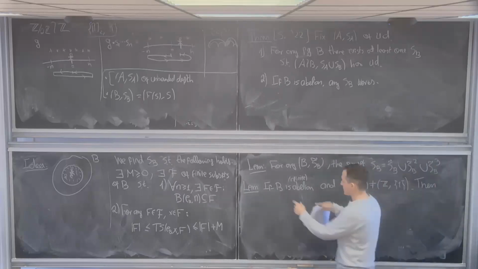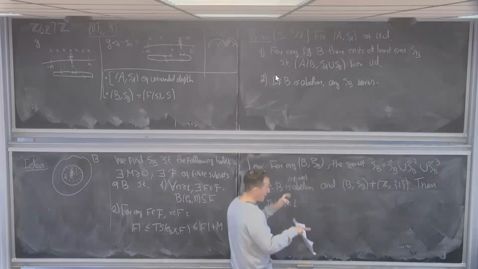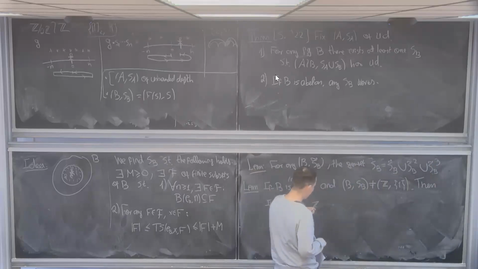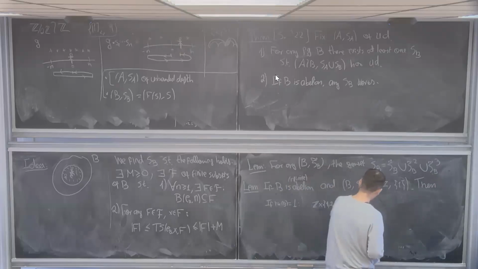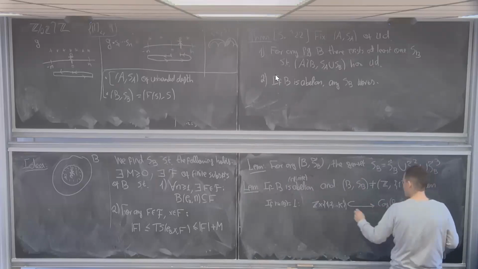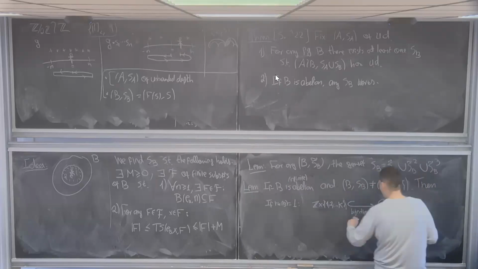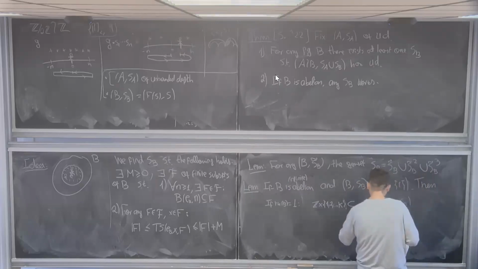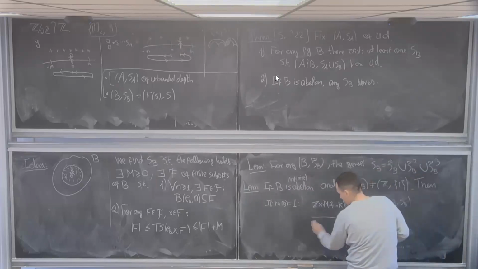Then, well, we have two cases. The first one is that if this group is virtually Z, so if the free rank of B is 1, then actually, as graphs, we are able to embed finitely many copies of Z, at least 2 of them, into your K graph in a bijective way, and we preserve edges. By this I mean the graph, literally this graph.